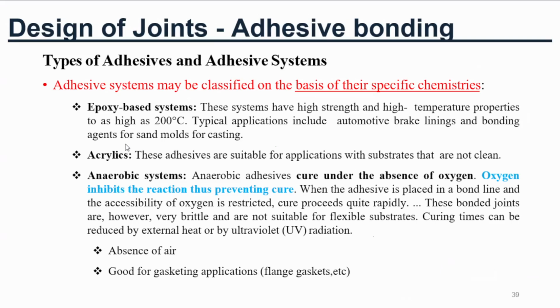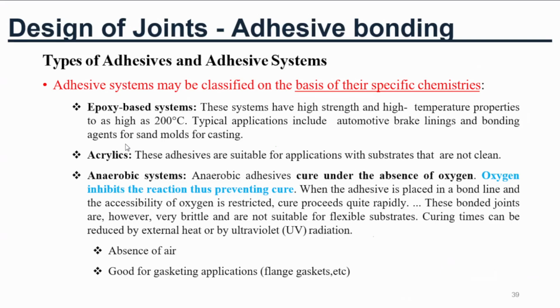Here we can see some applications: automotive brake linings, bonding agent for sand molds in casting, and structural joining in machinery. This is high strength, chemical resistant and heat resistant.